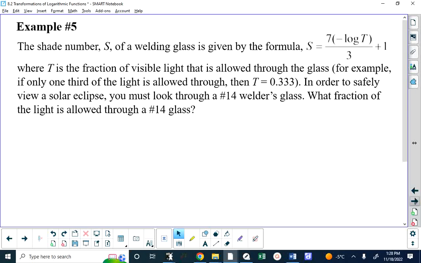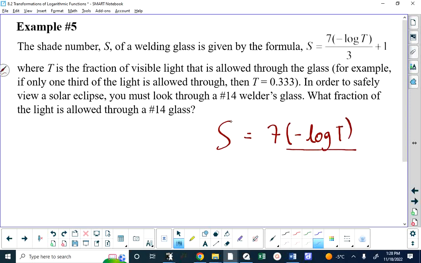It turns out that the shade number of a welding glass is equal to this, where T is the proportion of light that makes it through. So if T is 0.333, 33.3% of the light gets through.